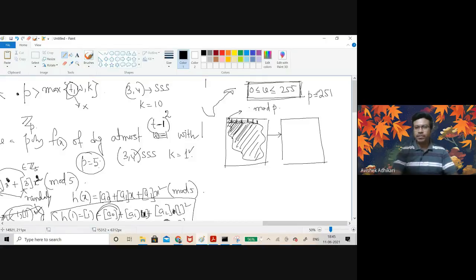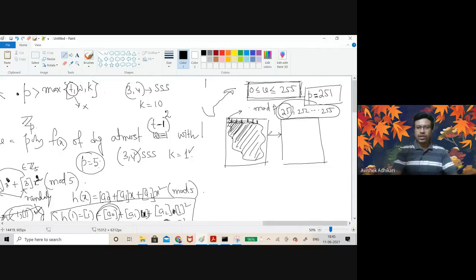Suppose I take P to be 251. If you deal with 251, then values like 251, 252 up to 255 will not be addressed by this P, because these values are more than P. If this could be a secret, here the value will be 0, and if this could be a secret, here the value is 1, and so on. So these values will not be addressed properly.